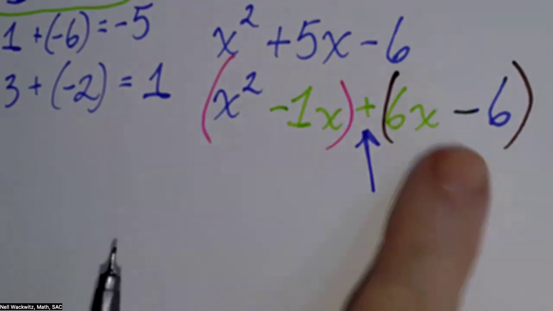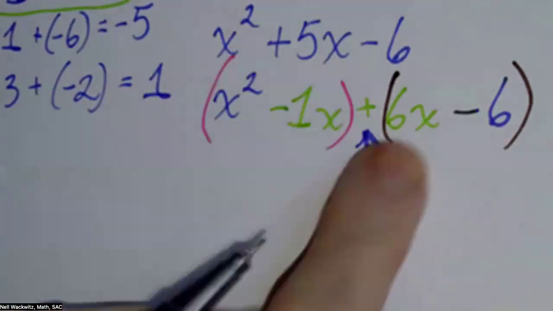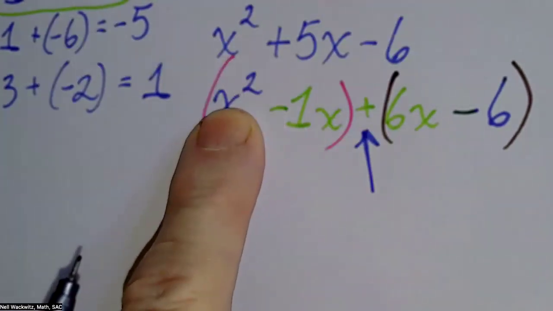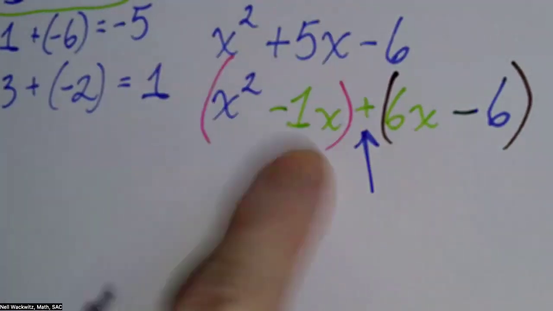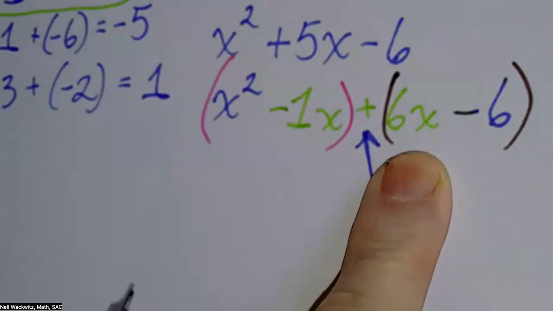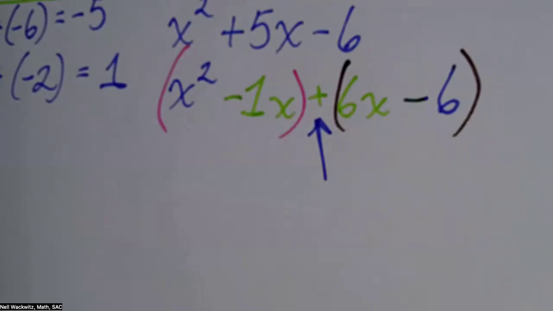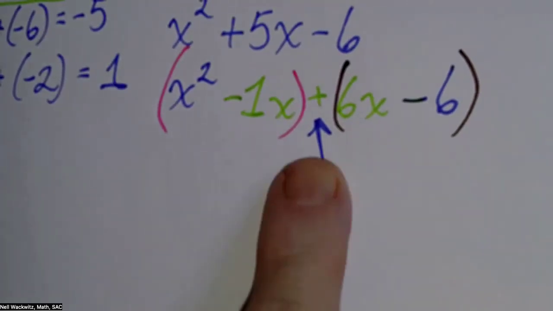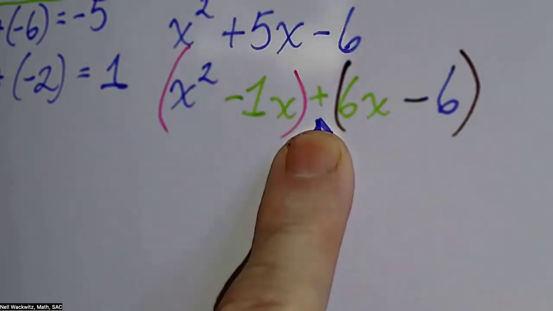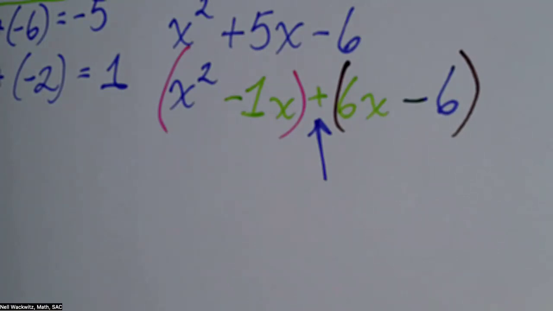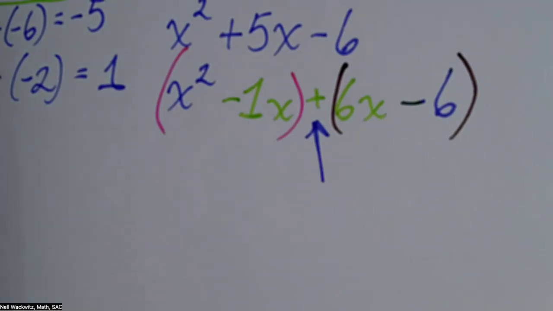Very good. So if we had written x squared minus 1x minus 6, we would also have to be careful and change the last. We don't have to here, because we chose an order that made the second term positive.